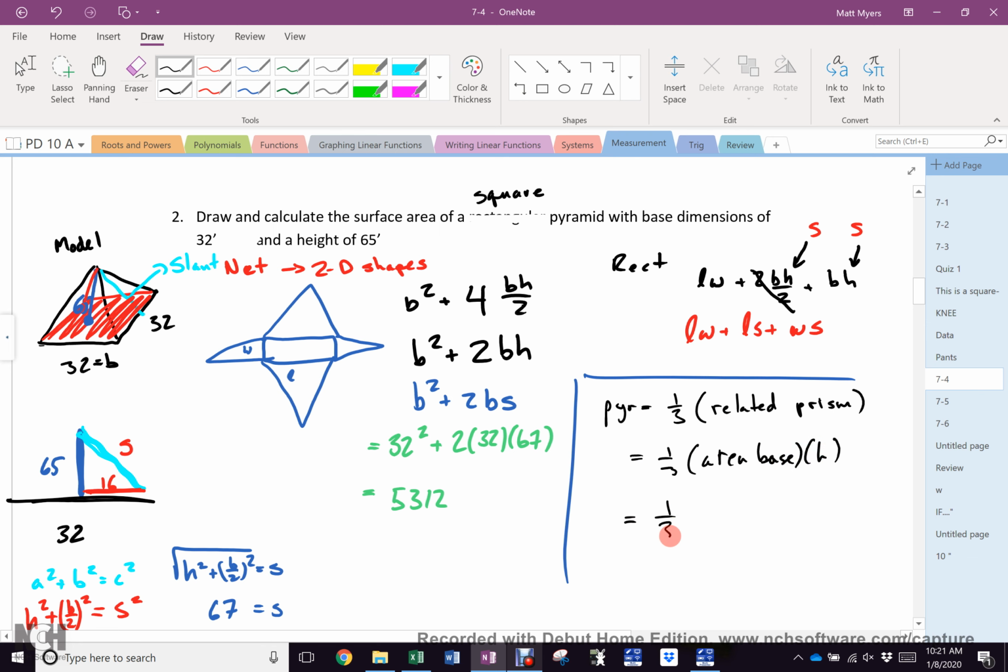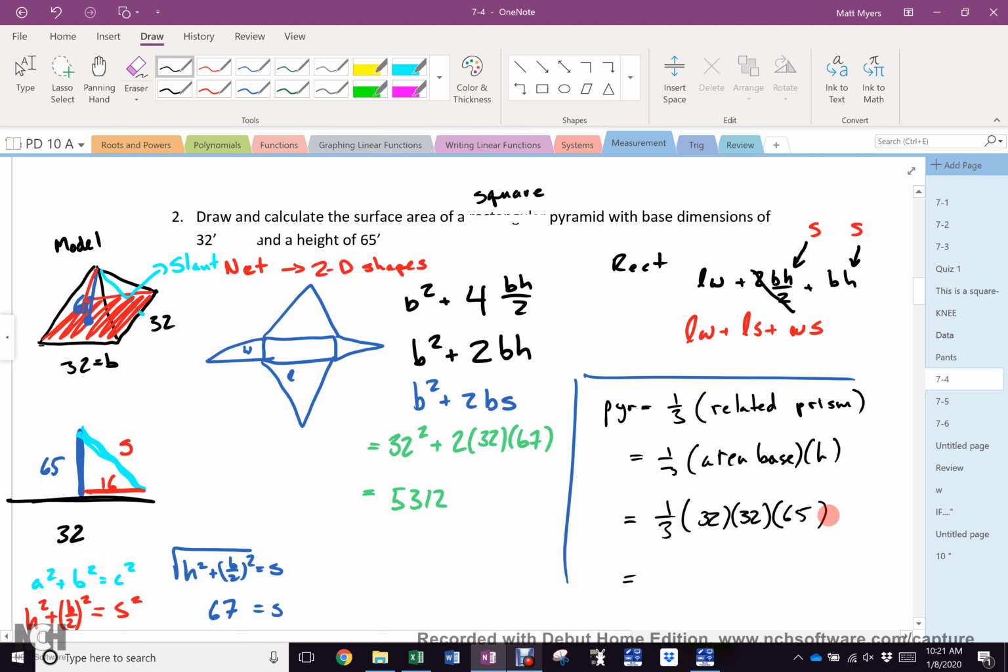And since this is a square-based pyramid, the area of the base is length times width. But it's a square, so they're the same. But I'm going to write it out. 32 by 32 by the height, 65. And then you would just punch that into your calculator.